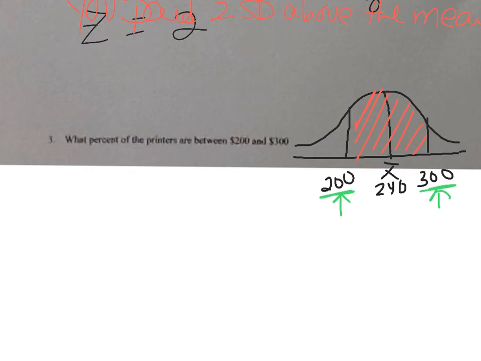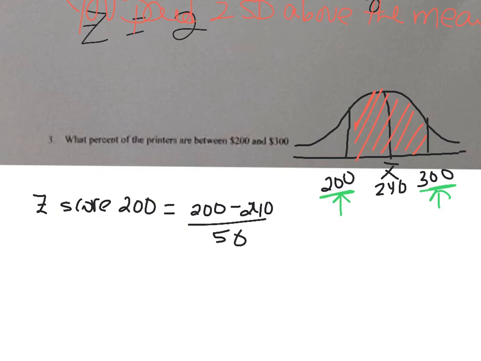All right, so let's find the z-score for 200 first. The z-score for 200 is 200 minus 240 divided by 50, right?